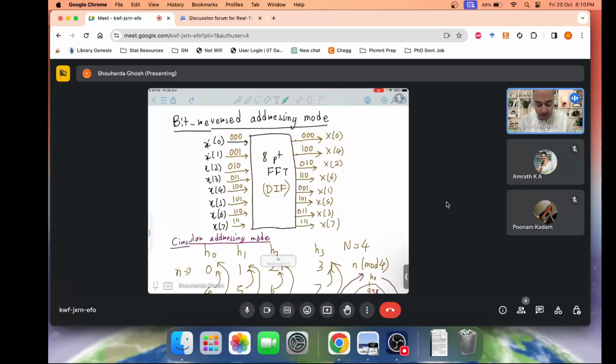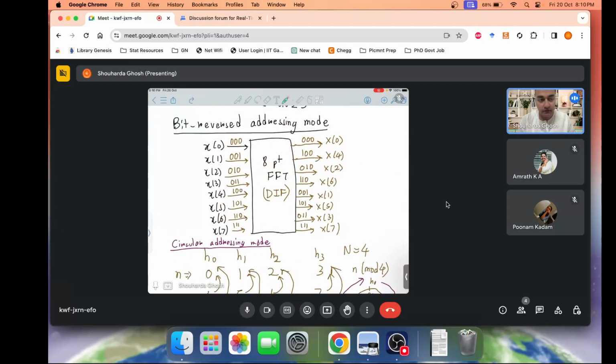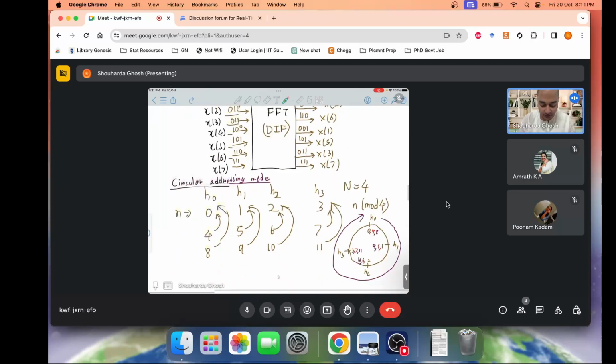And if you do the opposite, if you want to keep the frequency components in order, then you have to do the same reordering, x of 0, x of 4, for the time domain input, and what you get is decimation in time FFT.